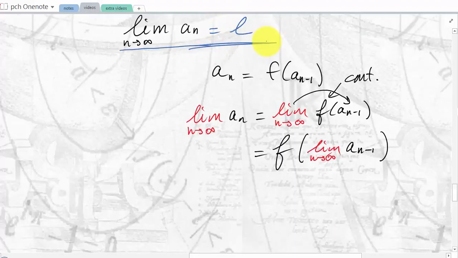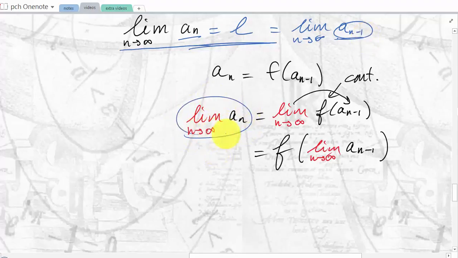If this limit exists, it's going to be the same as the limit as n approaches infinity of a sub n minus 1, right? I mean, you're not going to change the limit by looking at this as n approaches infinity. The sequence will still approach the same real number. So, what do you have on the left side?